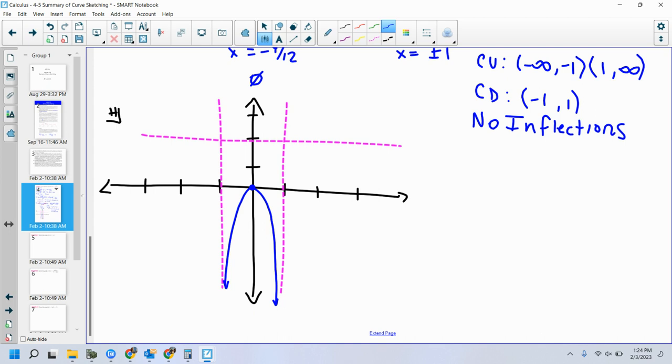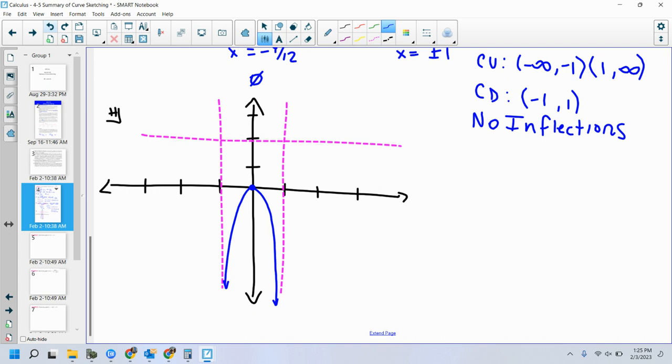Okay, so let's see what's happening to the right of 1. To the right of 1, should it be concave upward or concave downward? Concave upward. See, I really kind of have two options. I know it's got to attach to these asymptotes, right? I could either draw it down here or up here.